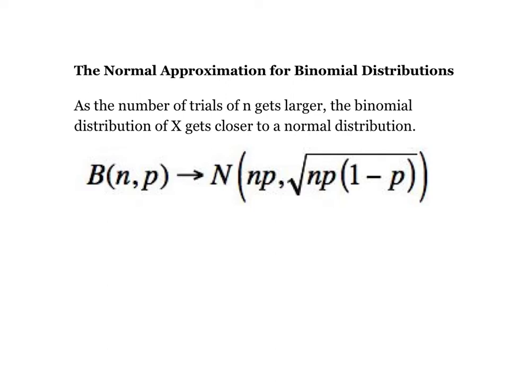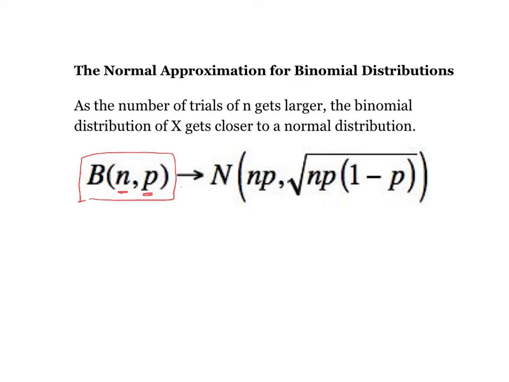What we're learning about today is the normal approximation for binomial distributions. What this means is this: as the number of trials n gets larger, the binomial distribution of x gets closer to a normal distribution. So we start with a binomial distribution with n trials, where p is the probability of success.